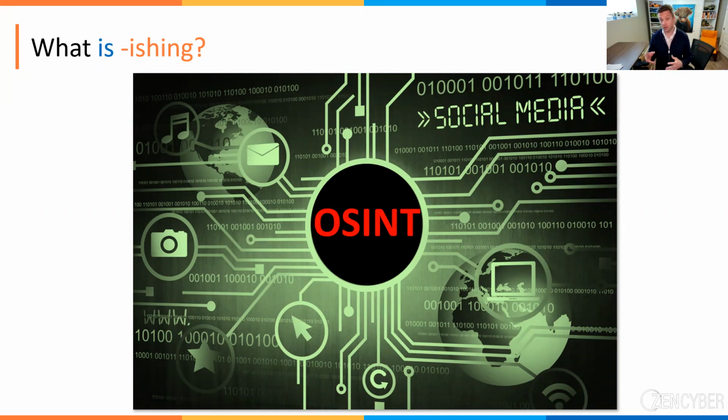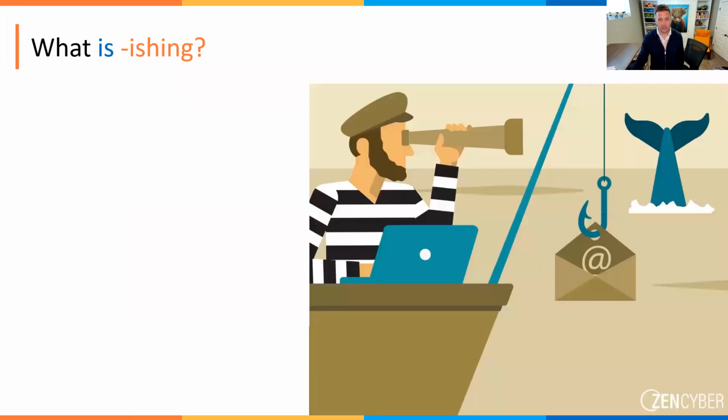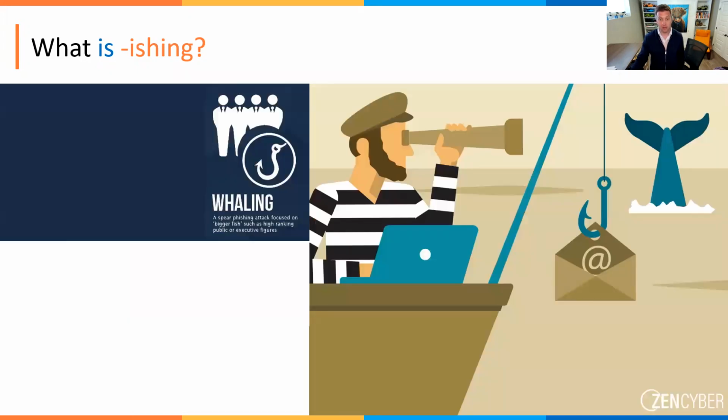So they're going to look on Facebook and LinkedIn and personal web pages and business web pages, and they're going to learn about who you are, what you do. What is your mother's maiden name? Where did you go for your honeymoon? All of those types of things, so that they can more effectively build a campaign that is focused specifically on you.